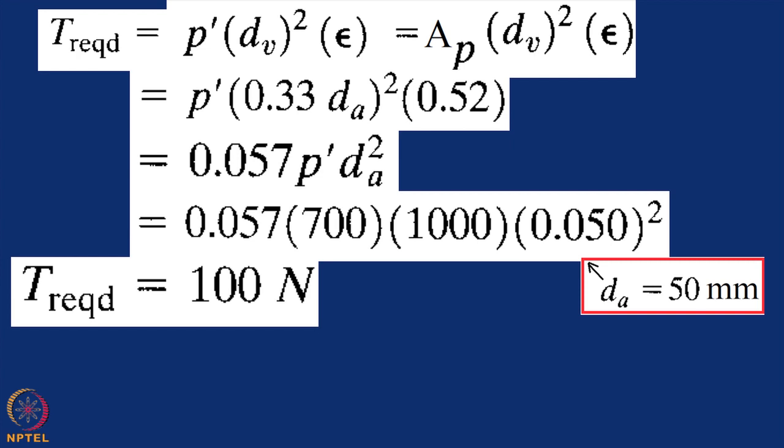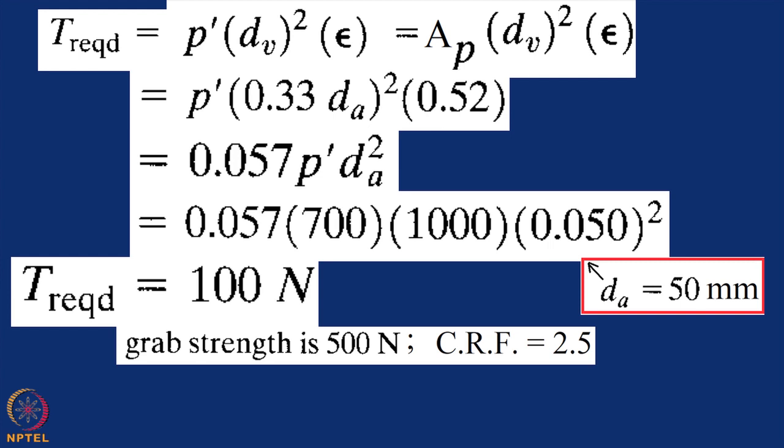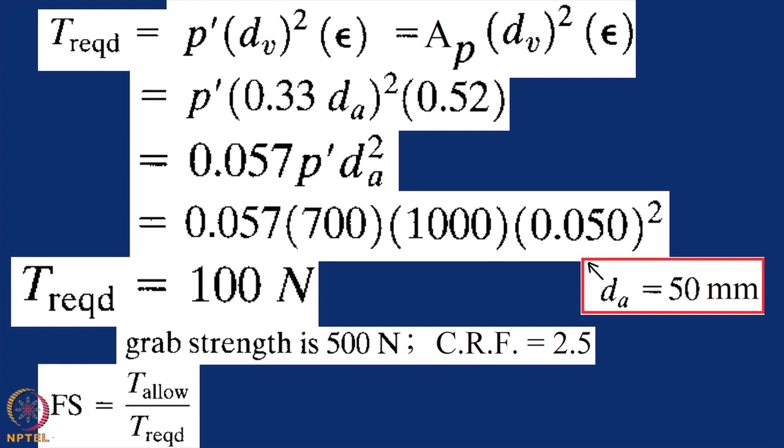And for the 500 Newton grab tensile strength that is given, the reduction factor given is 2.5, as I mentioned in the second case. So, you can determine the factor of safety, that means T allow divided by T required.